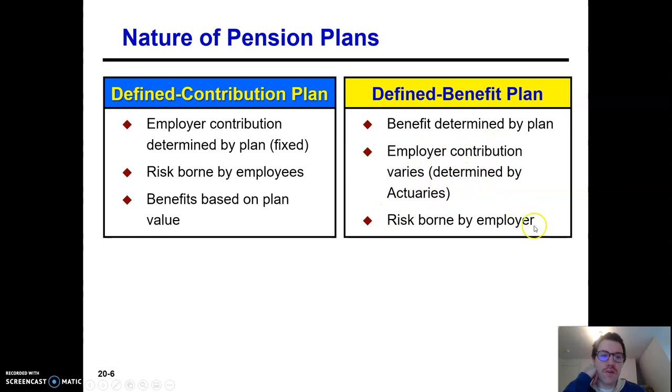So the risk is borne by the employer. So which one is better? Well, if you're an employee, clearly defined benefit is better. You don't bear the risk. Not coincidentally, these plans are less popular than they used to be. But they're still out there, and they are going to be the focus of what we're going to talk about.